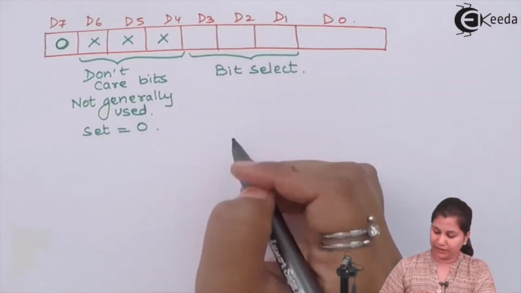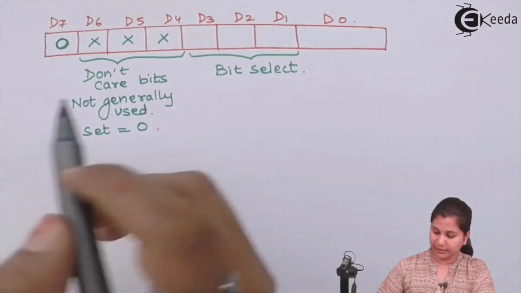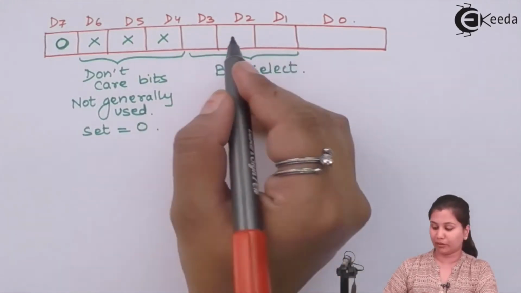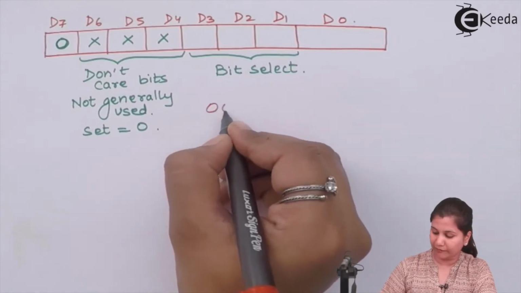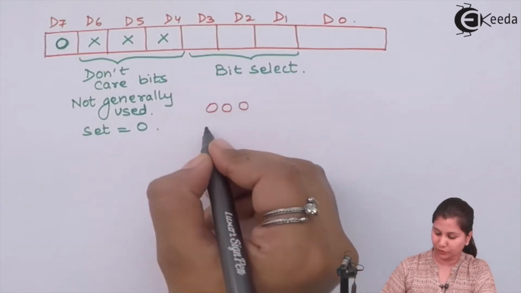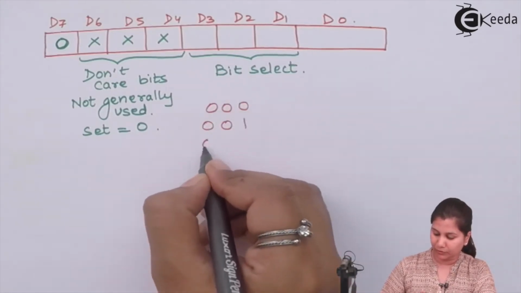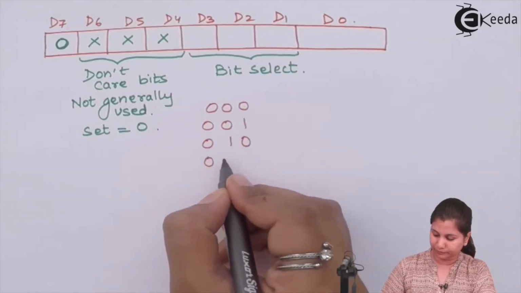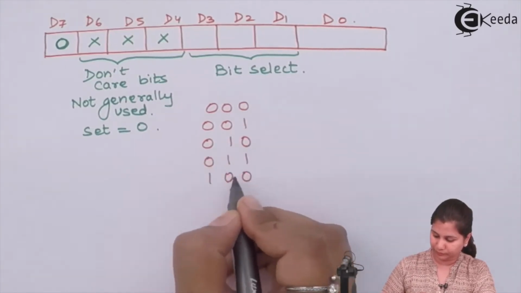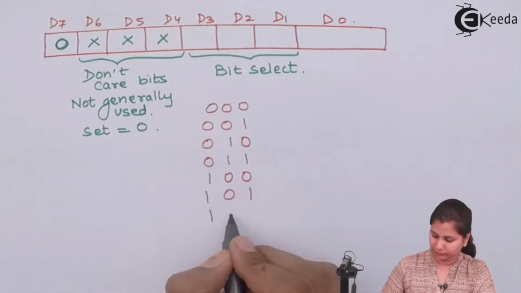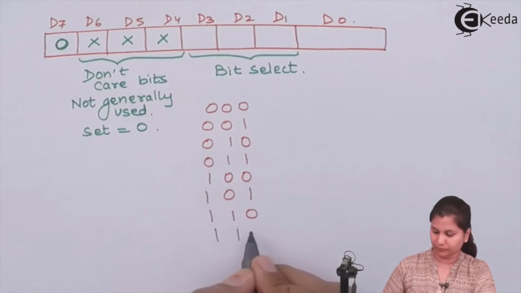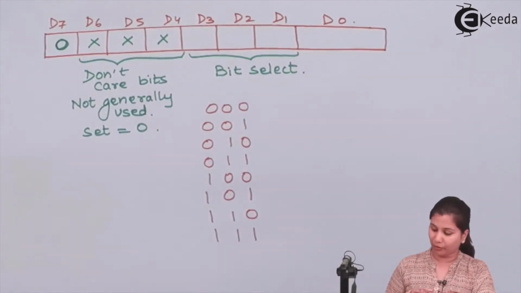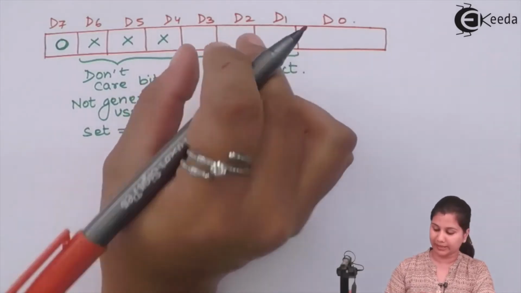Since there are 3 bits, we will have 8 combinations: 0 0 0, 0 0 1, 0 1 0, and so on. These are the 8 combinations which these 3 bits can take.